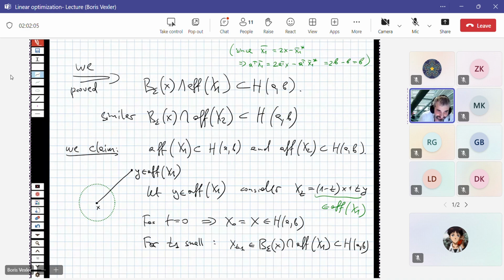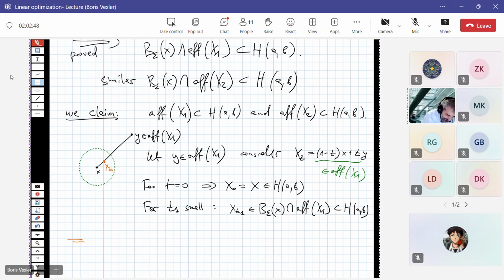Now, if you have two points which are in the hyperplane, then of course the whole line between these two points is in the hyperplane, just by definition of the hyperplane.